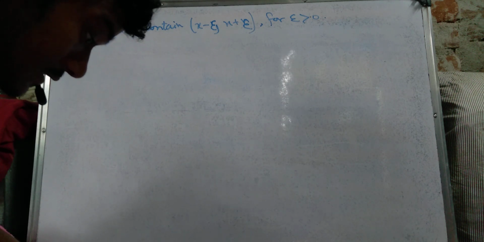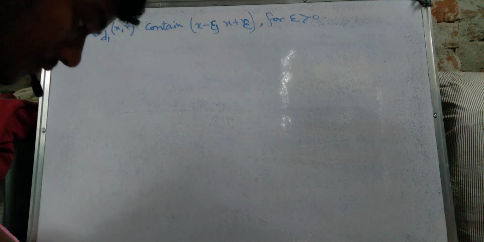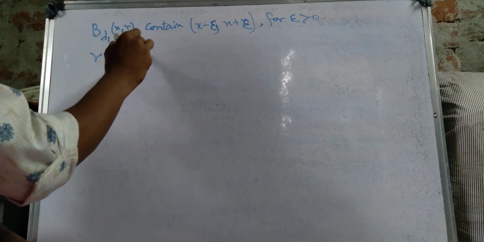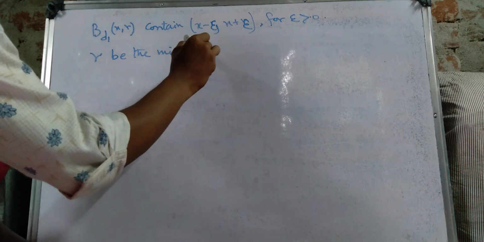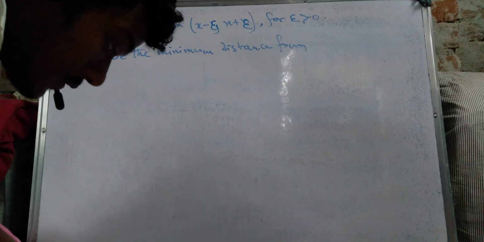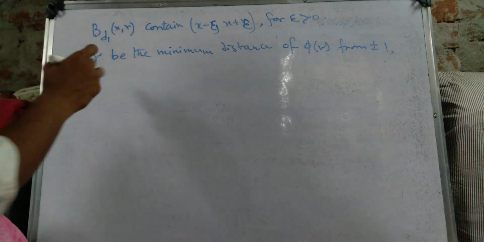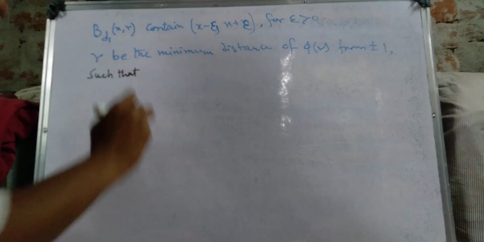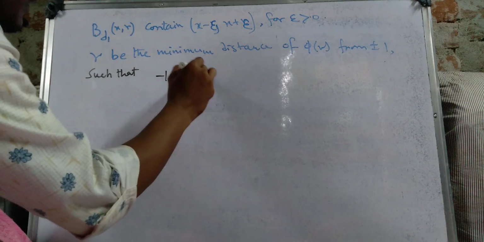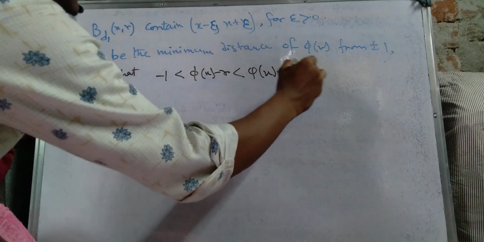Let r be the minimum distance of phi x to plus 1 and minus 1, such that minus 1 less than phi x minus r less than phi x plus r less than 1.